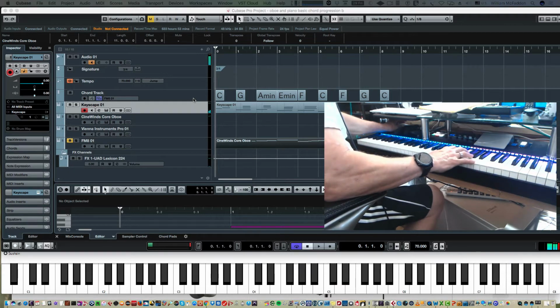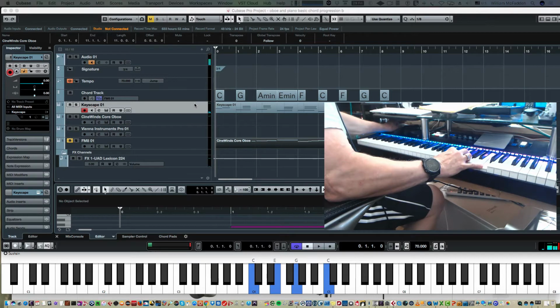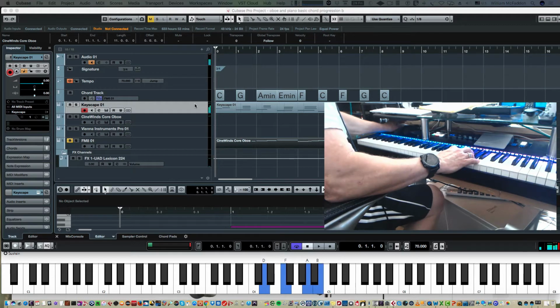So, in that octave, which is from C to C, in this case C4 to C5, we have the chord tones and we have the non-chord tones. So that would be D, F, and A, and B. So what we have left are the chord tones, C, E, G, and C.